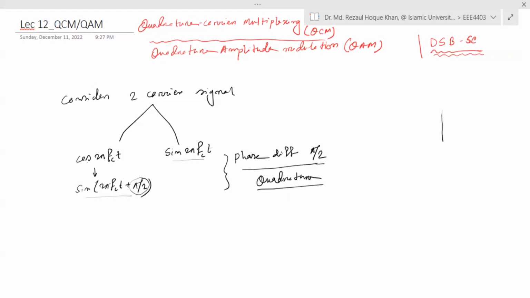For example, if we draw an angle diagram, this is 0 degrees, this is 90, this is 180. Each of these is one quadrature, each 90 degrees. That is why 90 degrees is termed quadrature, since the two carriers are pi by 2 apart.